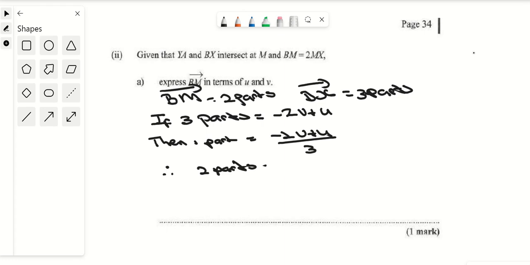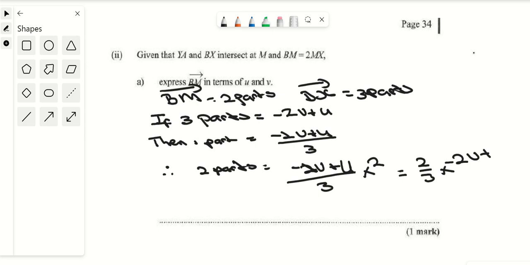So 2 paths is equal to minus 2v plus u, all over 3, multiplied by 2. This could easily be 2/3 multiplied by minus 2v plus u, which is 2/3 open bracket minus 2v plus u. And that would be the answer for part 2A, express BM in terms of u and v.